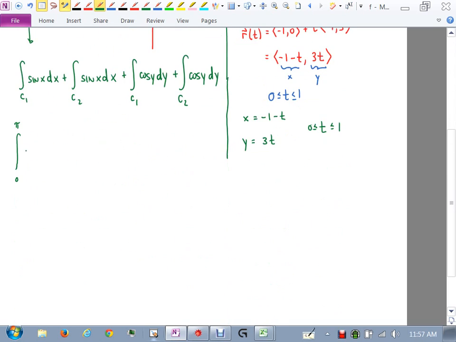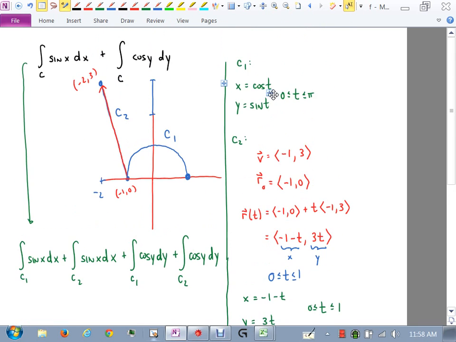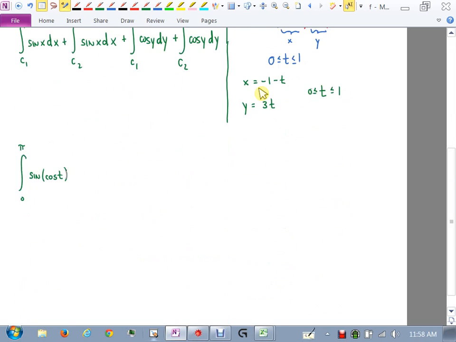So this is going to be integral 0 to pi, sine of cosine t, and then dx, which is the derivative of the x parameter with respect to t on C1, which was the derivative of cosine t, which is negative sine t. Yes? So times negative sine t. I'm going to pull the negative completely out and just put sine t right there. And then dt.